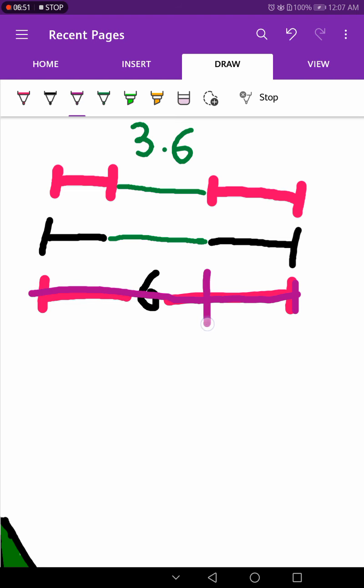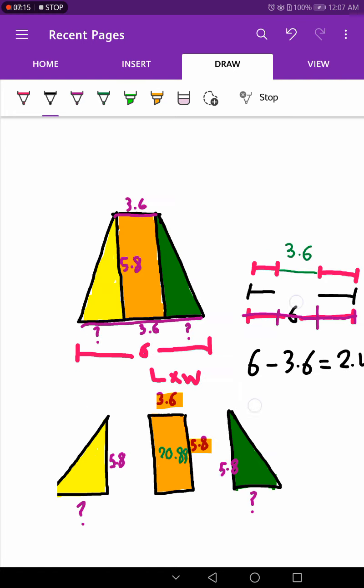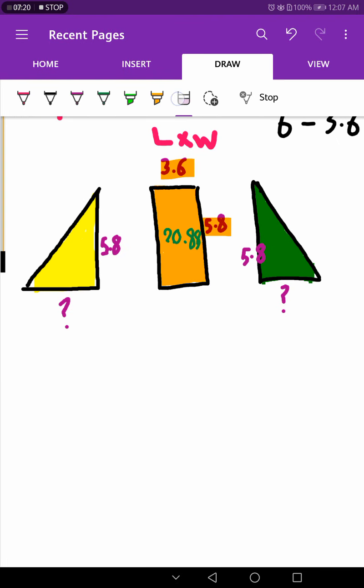If I cut off 3.6 here, I will have 6 minus 3.6, which equals 2.4. That means the 2.4 will be shared between two triangles, so each one will take 1.2 and 1.2.